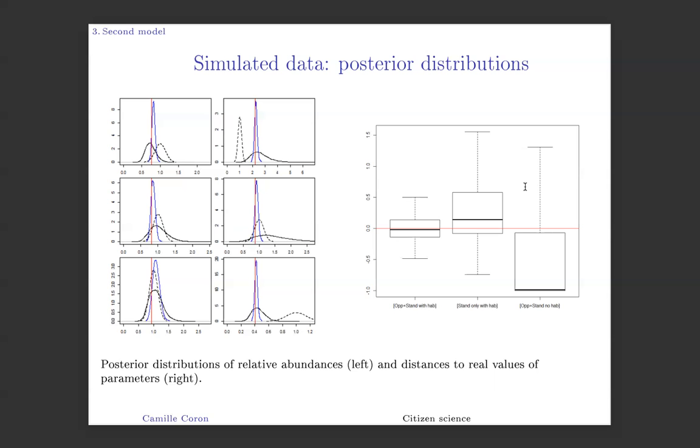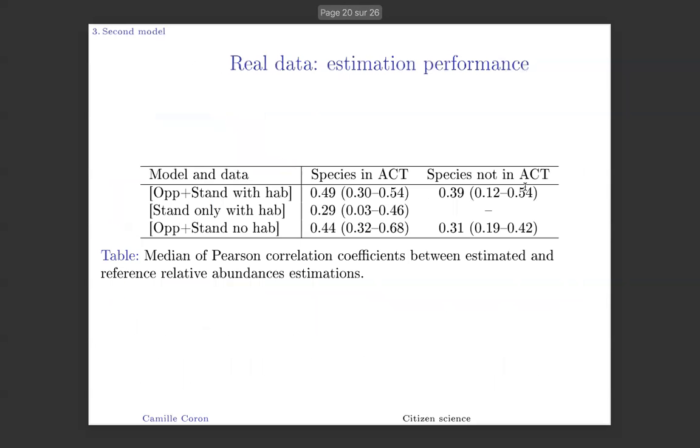Maybe I will stop here for that. Using real data we can make, as previously, some assessment of the performance of our estimations. Here, this is when we combine both data sets and consider habitat structure. Here, when you consider only the standardized data sets with habitat structure.